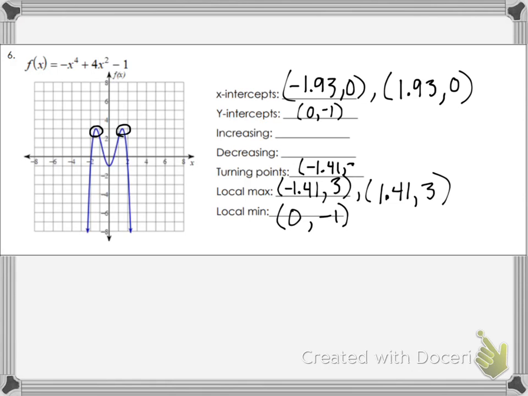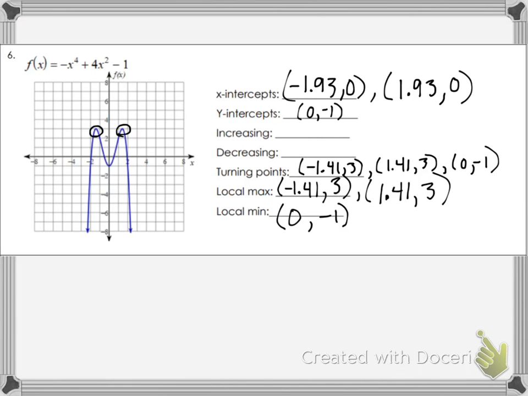Negative 1.41, 3. 1.41, comma 3, and 0, negative 1. Because at each of those points, it's going from increasing to decreasing or decreasing to increasing. Does that make sense? Turning points occur at your maximums and minimums.